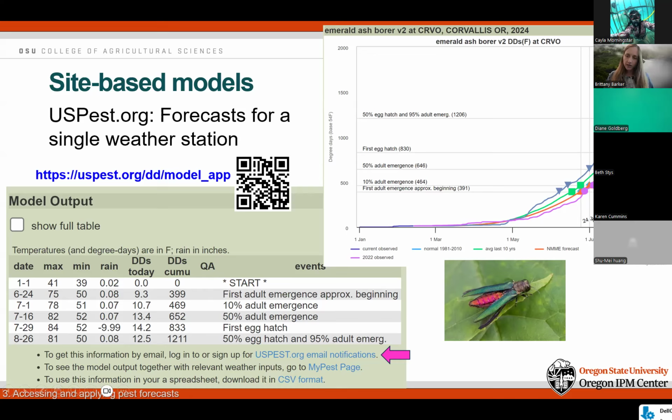And notice we also have predictions for 2023 and 2022. So you can compare the phenology of the insect for this year compared to previous years. And we also have a climate normal, so an average of 1981 to 2010 climate. So kind of comparing phenology to the long-term average.